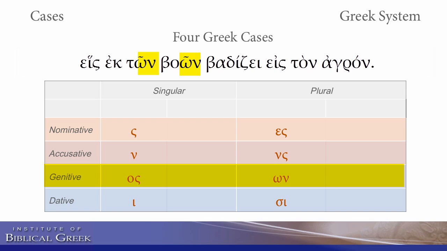Badizei, walks, eis ton agron. Now there isn't a possessive relationship between one and oxen, but I just wanted to show that the various meanings between the genitive case, ton, in Greek, and the English preposition of map about the same, because one of the oxen, of there, isn't showing possession either.